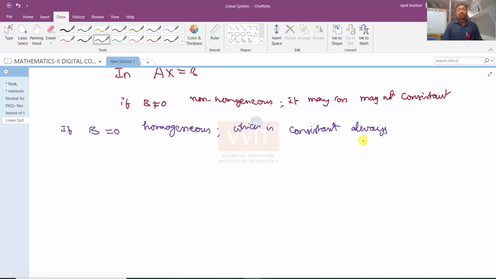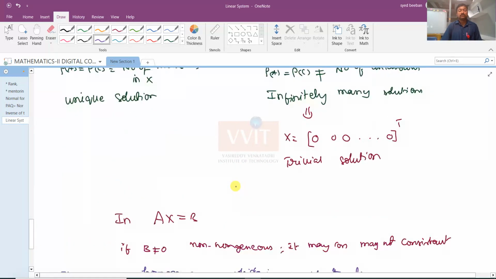So for a homogeneous system, a solution always exists. By default 0 0 0 is a solution, which is known as the trivial solution, and infinitely many solutions are also possible. How to compute that, we'll see in this. Now let me recapitulate this again.